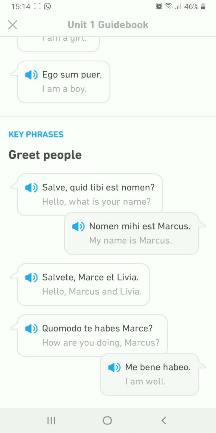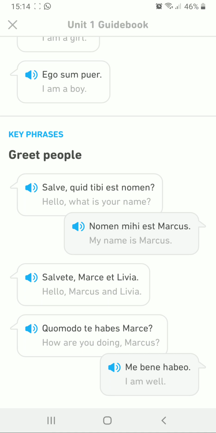Habeo is like I'm doing well, or I'm feeling well. Me bene, it's once again a reflexive verb, which means the action is done on the subject, and so that's why we have this pronoun. Yeah. All right.